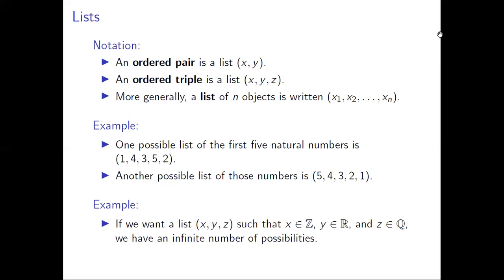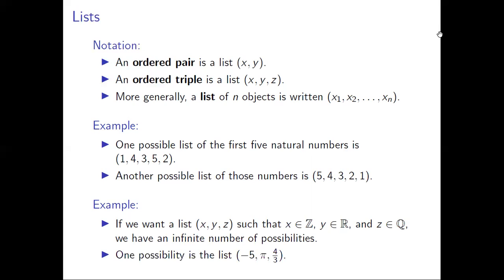If we want to create such a list, we have an infinite number of possibilities, because for x, there are infinitely many integers. And certainly for y, there are infinitely many possibilities. So to construct such a list, there are infinitely many possibilities.